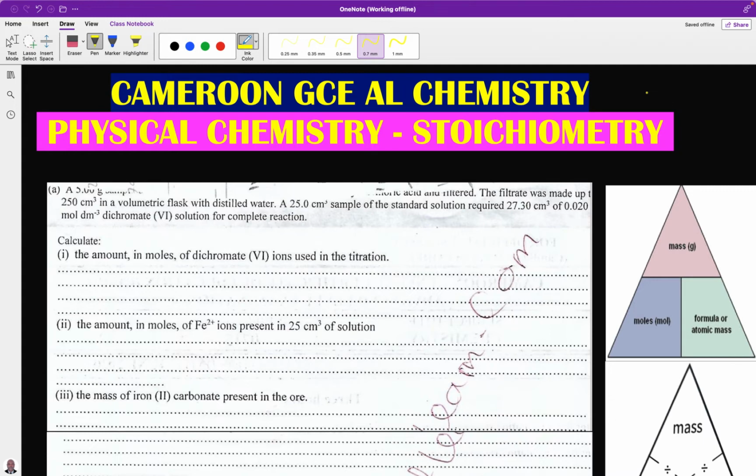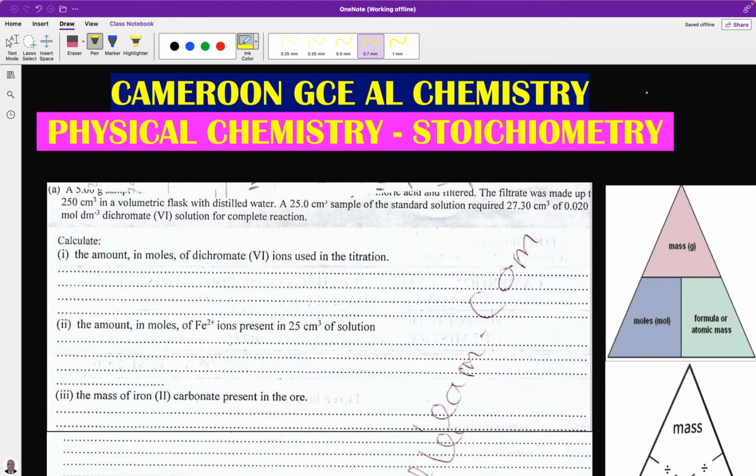Let's get started. We're starting with question number 1. A 5.00 gram sample of an iron ore was prepared with hydrochloric acid and filtered. The filtrate was made up to 250 cm cube in a volumetric flask with distilled water.